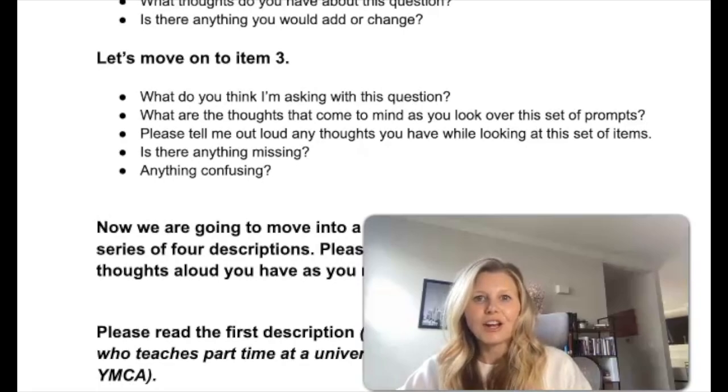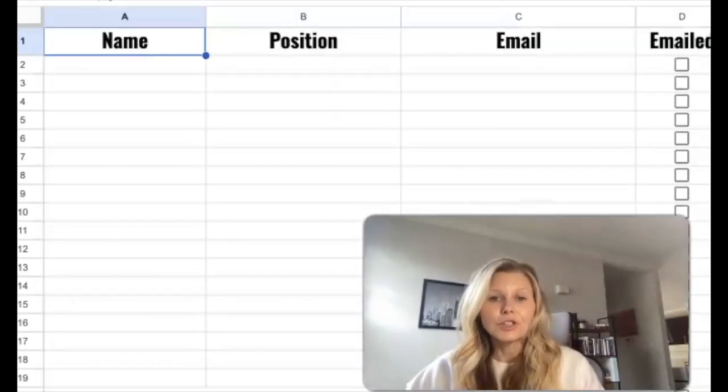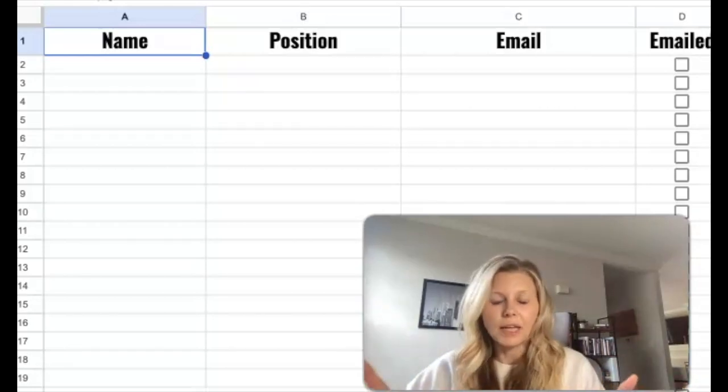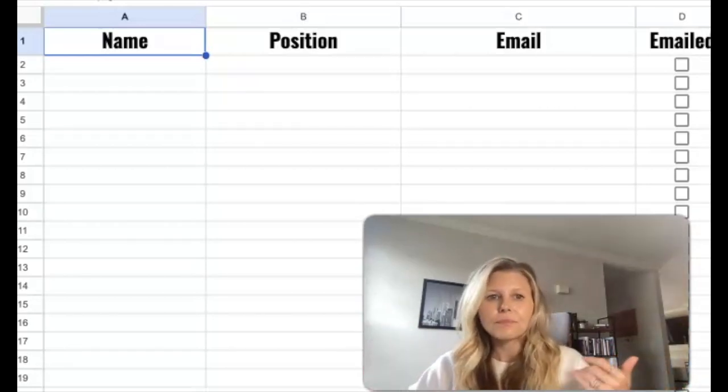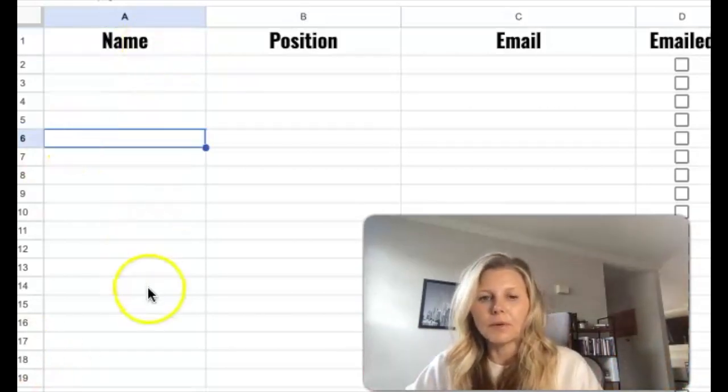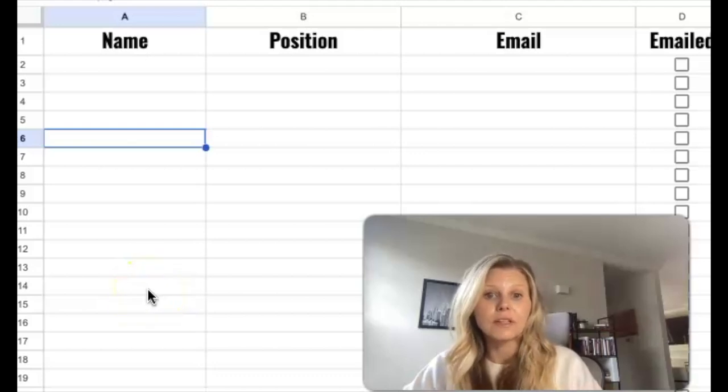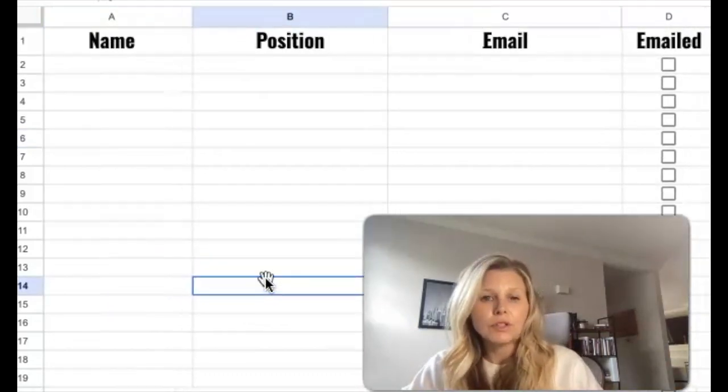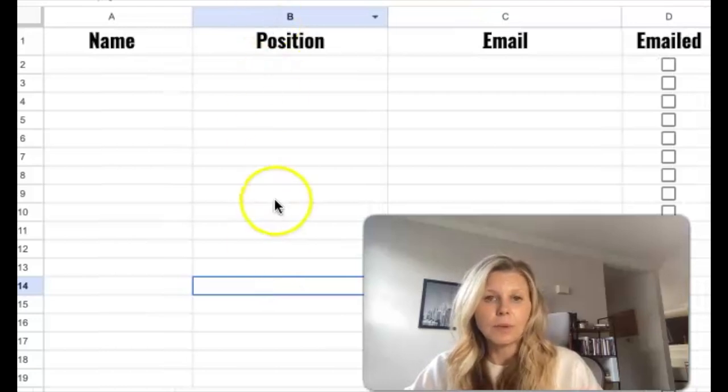Now let's head over to the Excel sheet that I made that you can use if you think it would be helpful for you as well. This is the Excel sheet, and it's just blank so you can see the template. I had the name of the people that I was going to contact, so this was everybody on my contact list. For me, it was important to know which position they held, so I had that.